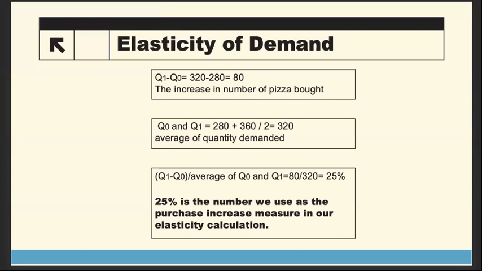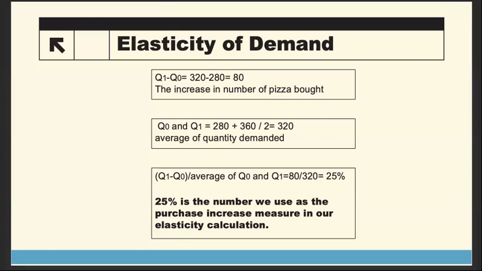The quantity sold after the price fall is 360. The average of these two is 320. Now, 25% of the average of the sales before and after the price change is the change of 80.